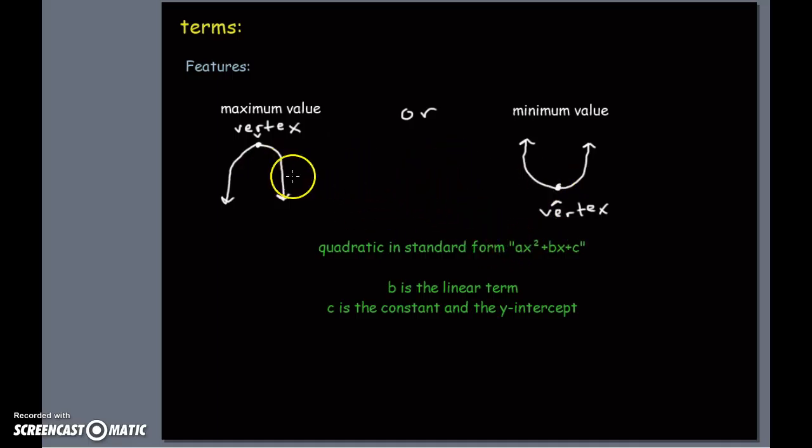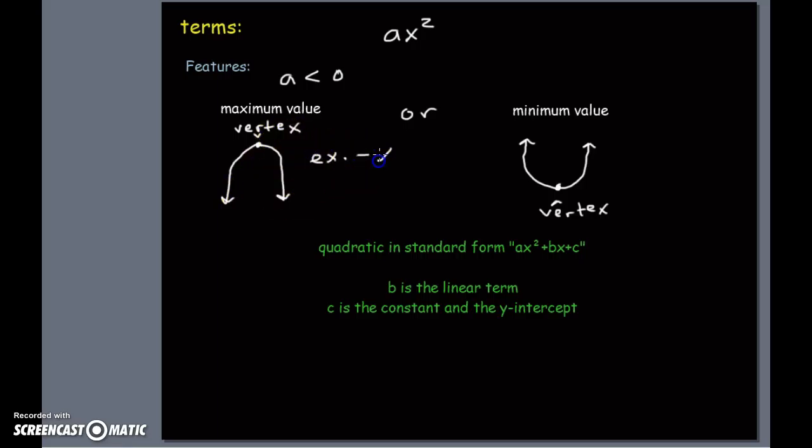Now, if you weren't able to see the quadratic, another way of telling if it is going to open down or open up is the coefficient in front of the x squared term. They use a to represent the number in front of x squared. Normally we don't see a number because the number is 1. But if there is a number, if a is less than 0, then we know it's going to be a maximum value, because negative numbers make it open down.